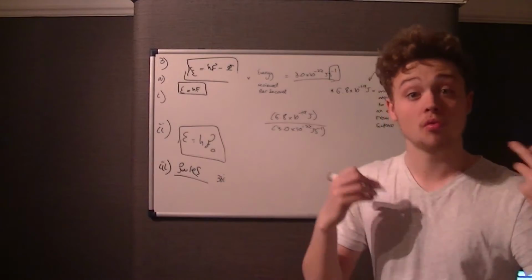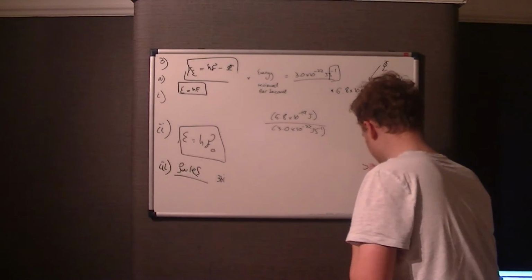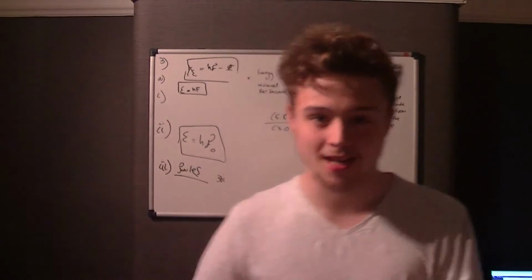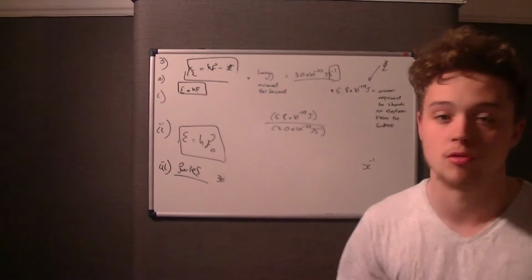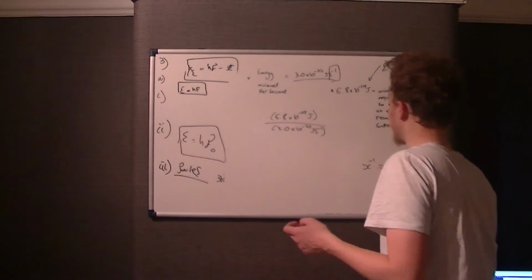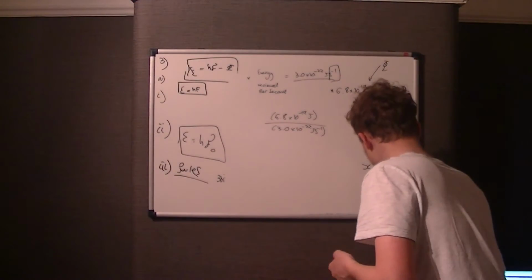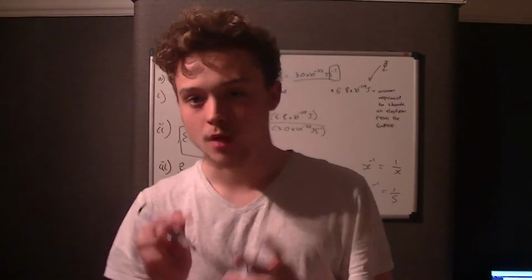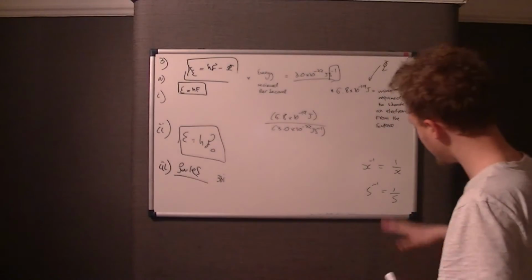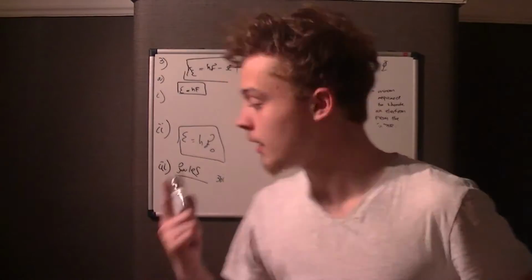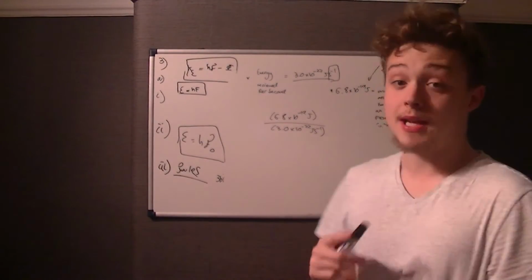And you should know from your basic indices knowledge in maths that x to the minus 1, we'll use x so it's just a variable, is the same as 1 over x, so this s to the minus 1 is the same as 1 over s, okay? Hopefully it's starting to make sense. So if it isn't, don't worry. What it's trying to say here, basically, we want an answer in terms of seconds.